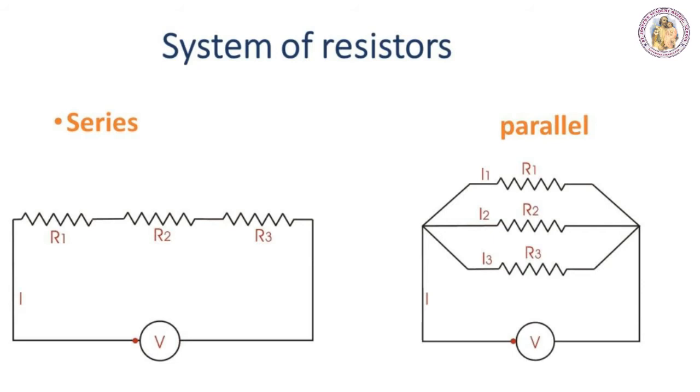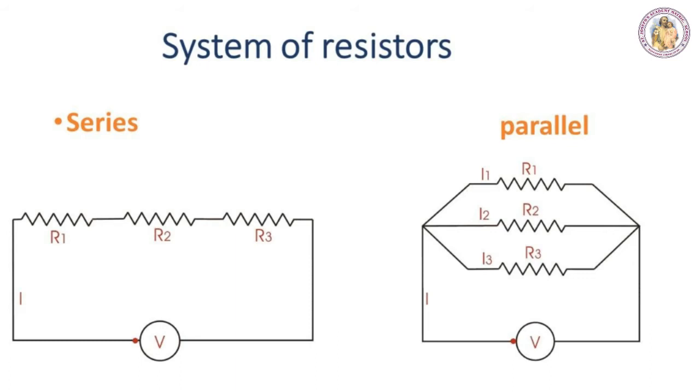Dear students, so far you have learnt how the resistance of a conductor affects the current through a circuit. We also studied the case of the simple electric circuit containing a single resistor. Now we are going to study the combination of many resistors in a circuit.